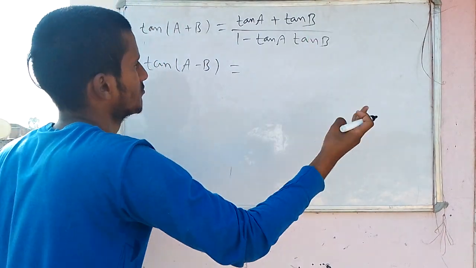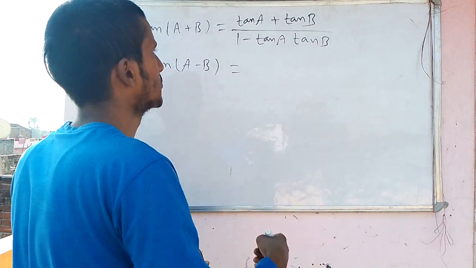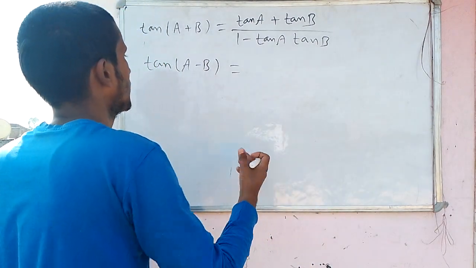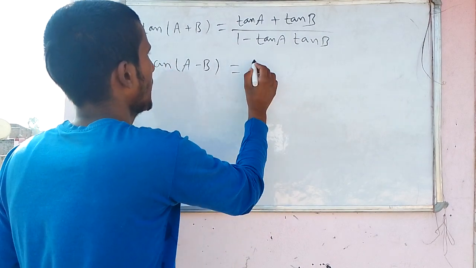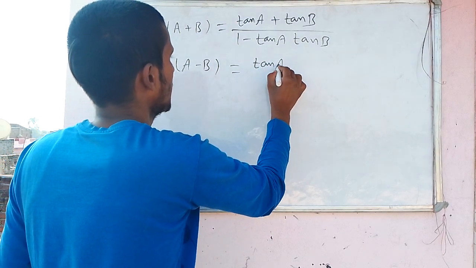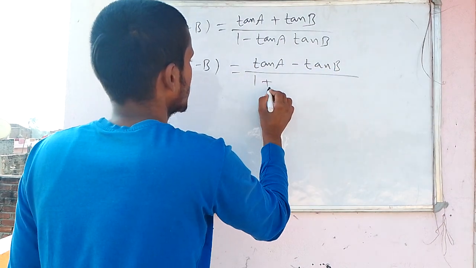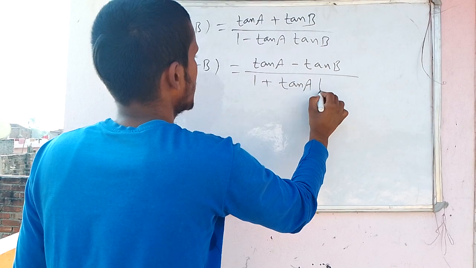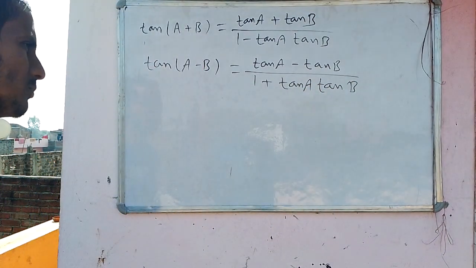If you divide both the numerator and the denominator by cosine a cosine b, you'll get your answer. Tan of a minus b is tan a minus tan b, divided by 1 plus tan a tan b.